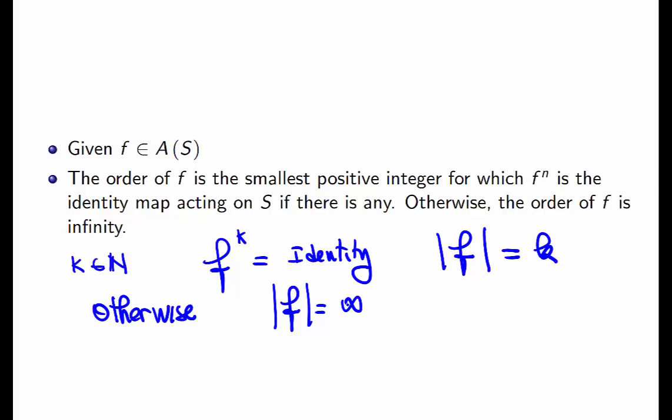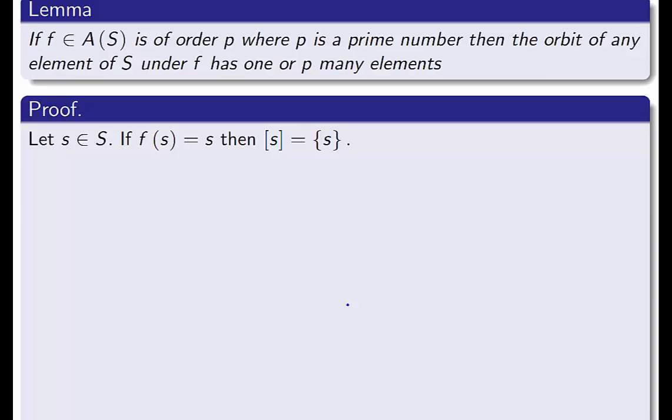Okay, all right, so our first result states the following: if f is a bijection on S and is of order p, where p is a prime number, then the orbit of any element of S under f has one or p many elements. Okay, so let s be an element of the set.